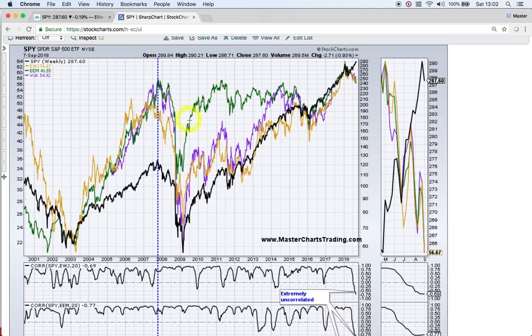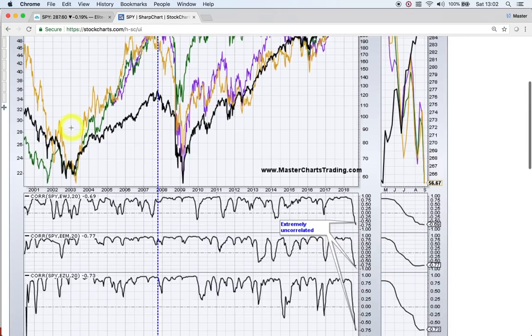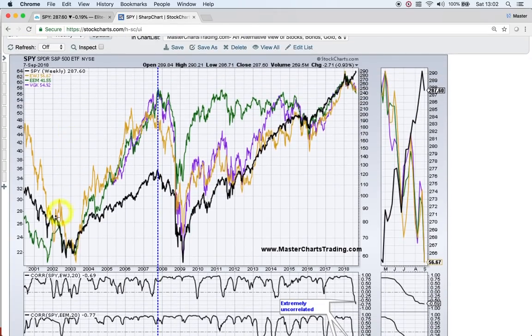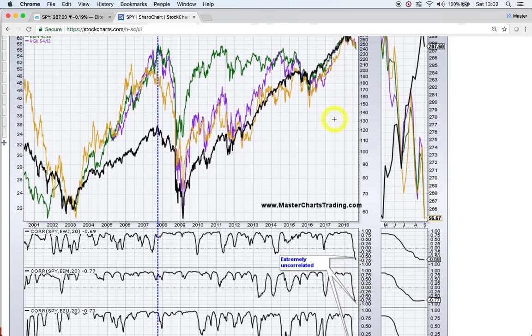It's a little busy, but just bear with me. In black is S&P 500, in yellow is Japanese shares, in green is emerging markets, and in purple is European shares.